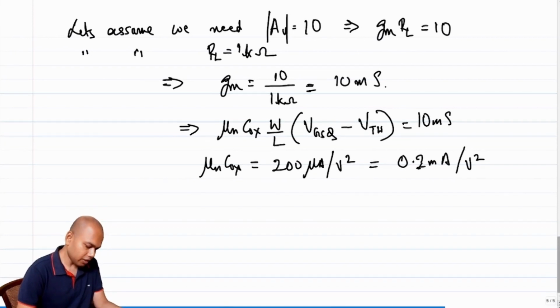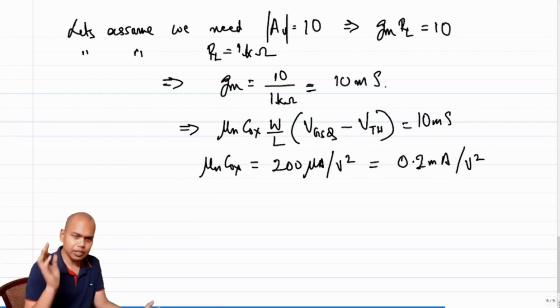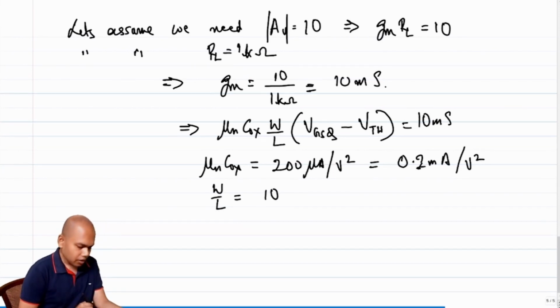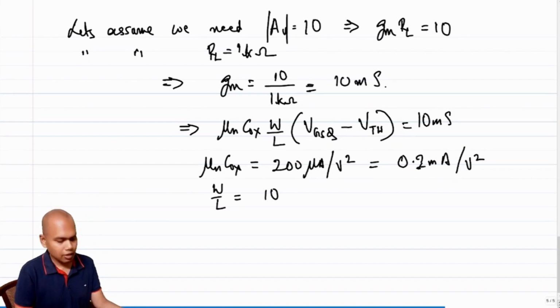And for the time being, let's also assume that for some reason we have chosen W over L equal to 10. We can choose any W over L. I can choose W over L equal to 1, 100, 1000, whatever I want.